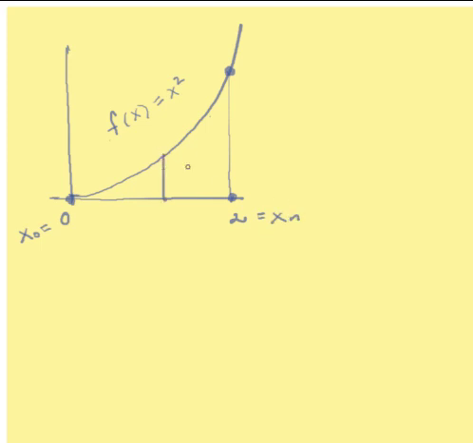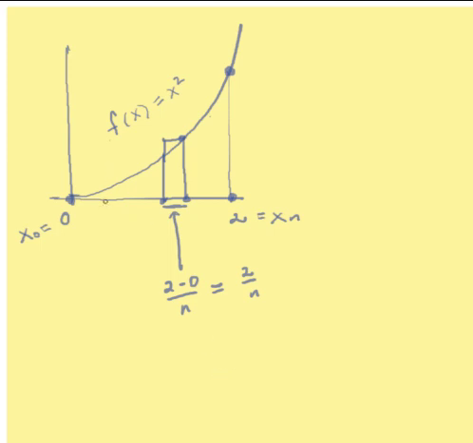So if here's the ith rectangle, let's look at these 2 points. First of all, the length of the ith rectangle, this length over here, is 2 minus 0 over n, or 2 over n for each rectangle.